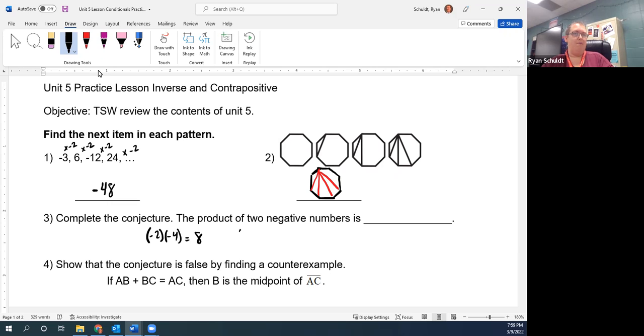Let's do two odd numbers. Negative 1 times negative 3 gets us positive 3. And then I need an even and an odd. Well, how about negative 5 times negative 6? That gets us 30. What's something that you see in common with all three of these values? They're all positive.